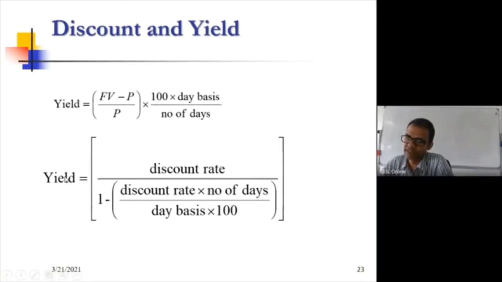What is the relationship between yield and discount rate? Remember, yield is always higher than the discount rate if the rates are positive. Clear?